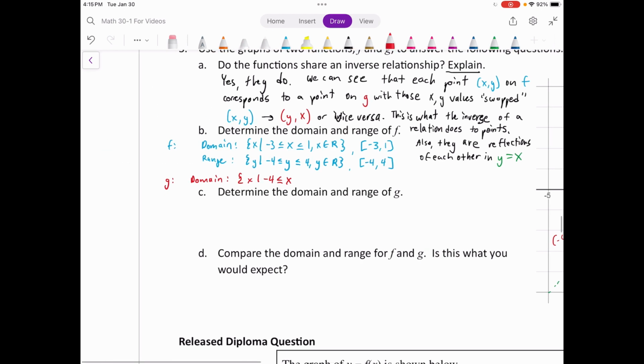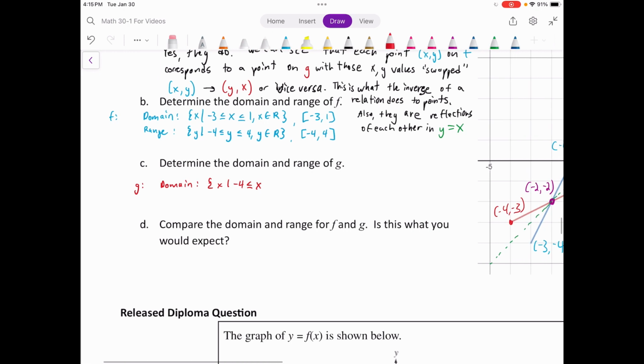Oh, I was supposed to write this down here. I was like, there's not enough room. There would have been enough room if I noticed this was supposed to go down here. g. Okay. Domain, values of all x such that -4 is less than or equal to x, which is less than or equal to +4. And x can be any real number as long as it's in between those ones.